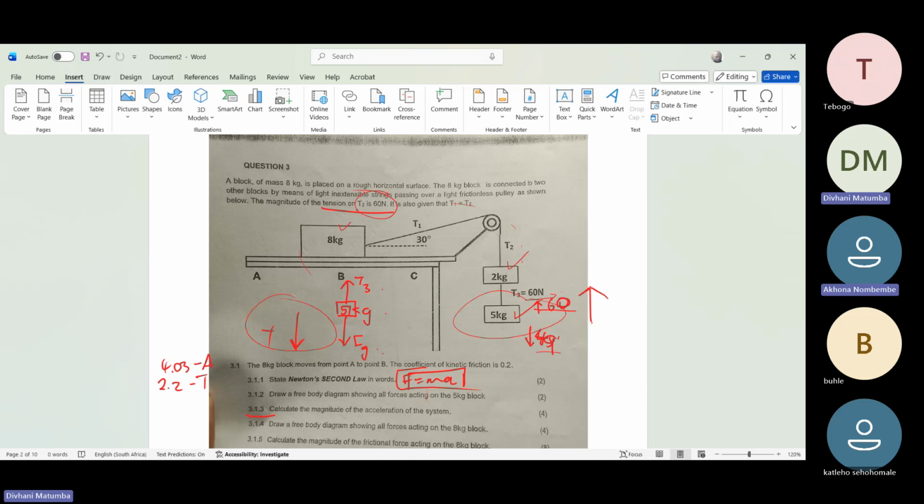There's no way acceleration can be going upwards. What is it that is pulling the system upwards? So whoever made this question made a mistake. Let's agree, T2 is equal to 60 instead of T3.